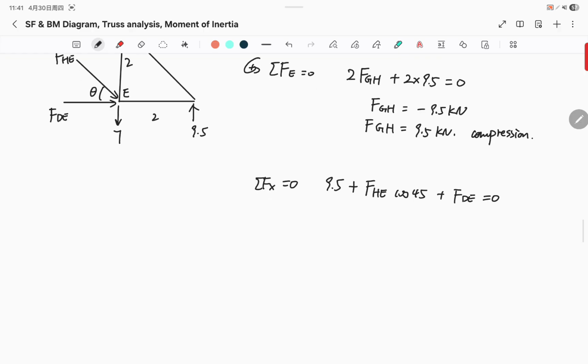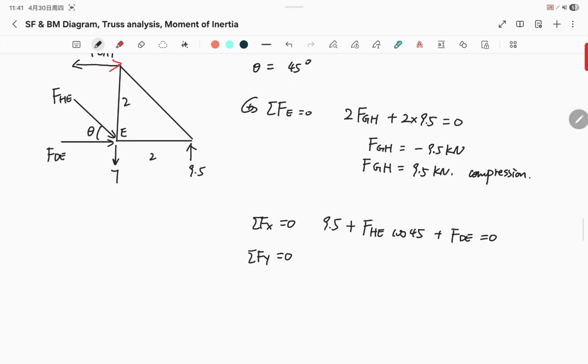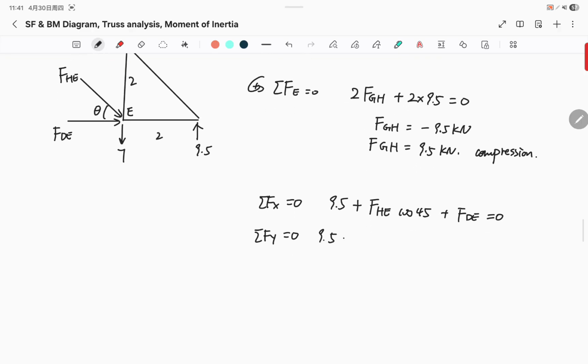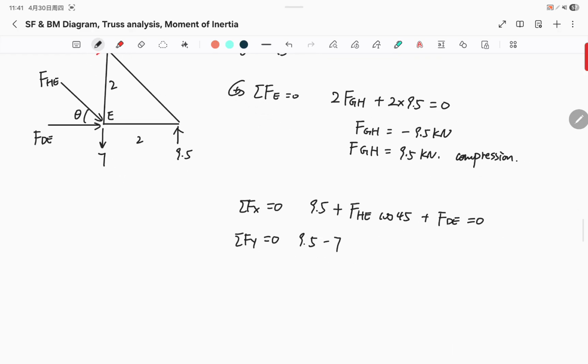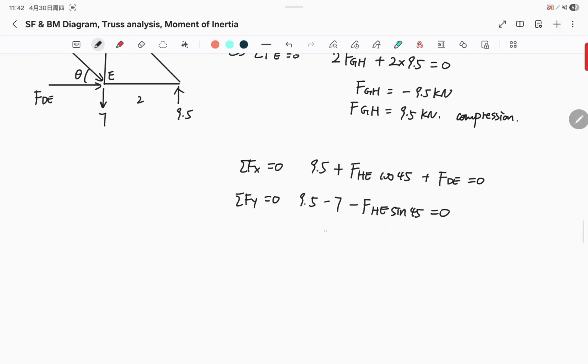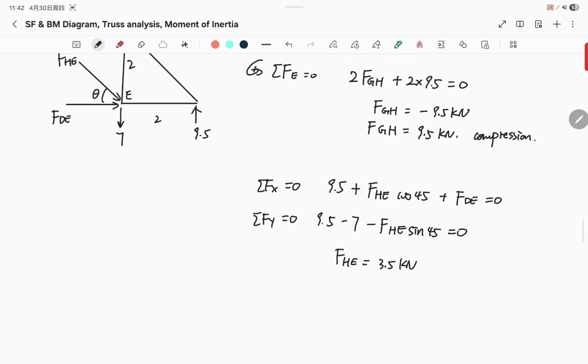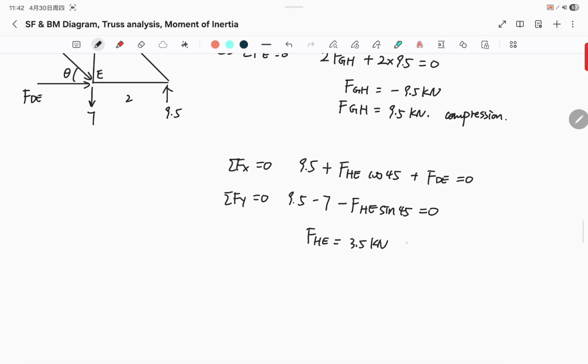And we have 2 unknowns, so we're gonna use sum of force in Y. We have 9.5 minus 7 minus FHE sine theta. Solving this, we get FHE to be 3.5, and it is in compression.